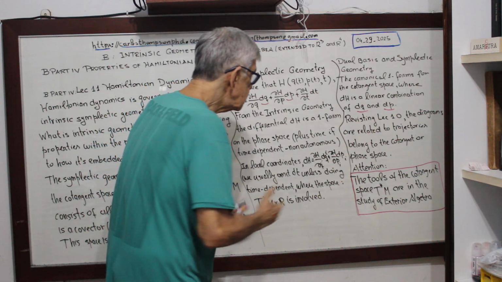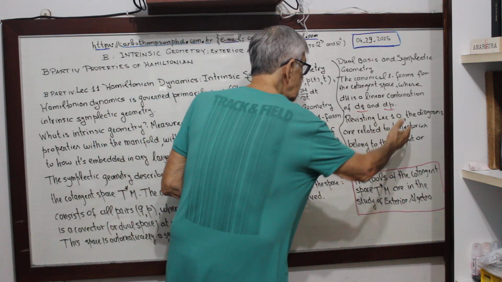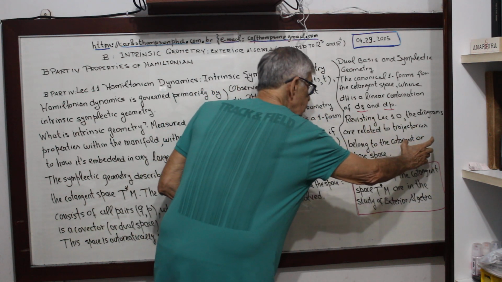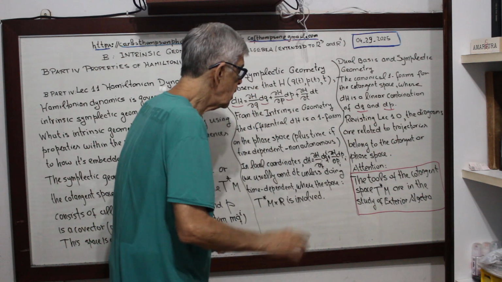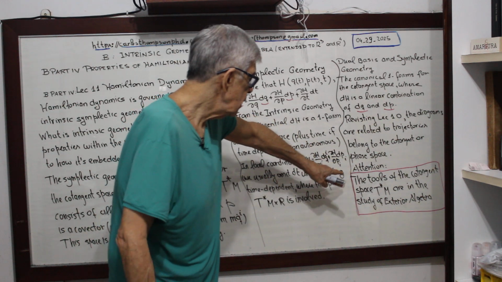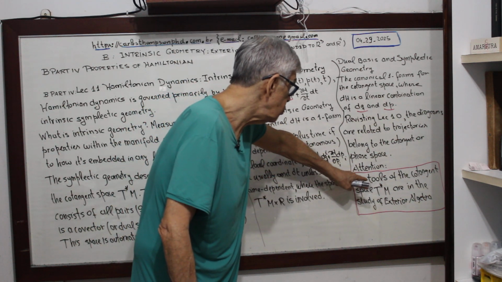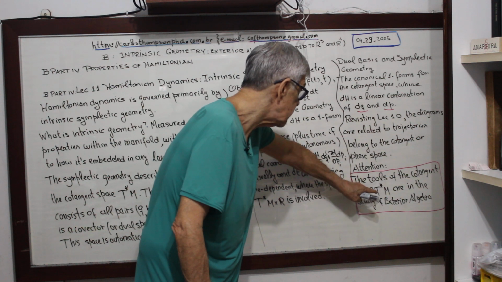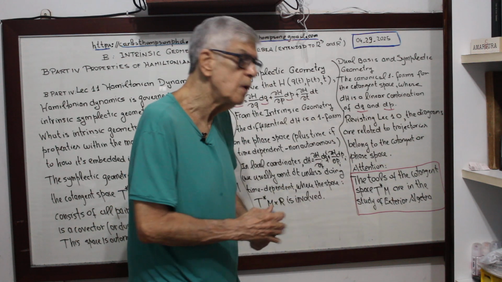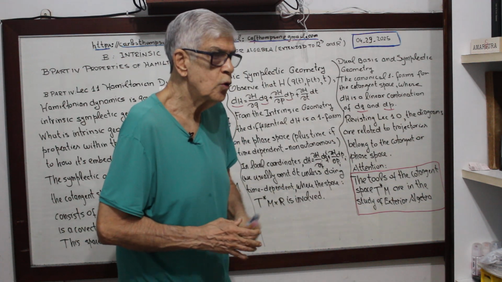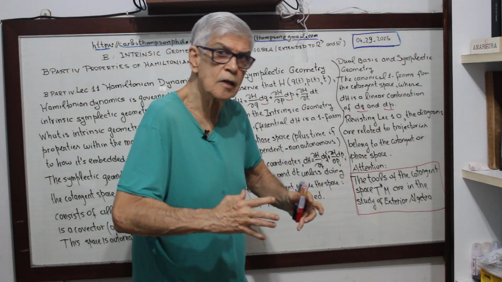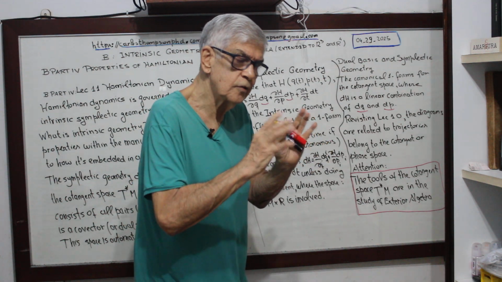So, in lecture 10, the diagram relates to the trajectories belonging to the cotangent of phase space. I want to remark here that the tools of the cotangent space are in the study of exterior algebra, where you are going to open the study of intrinsic geometry.